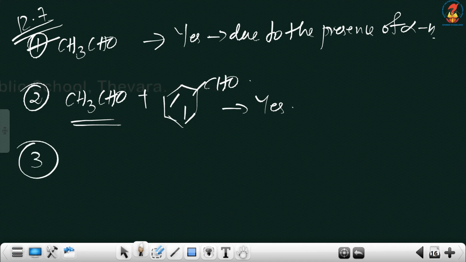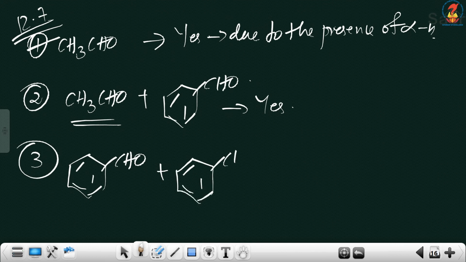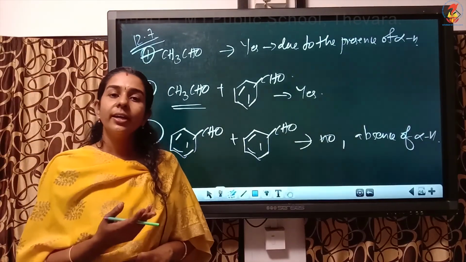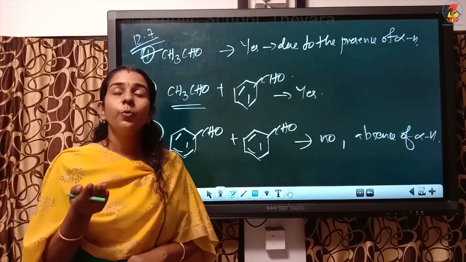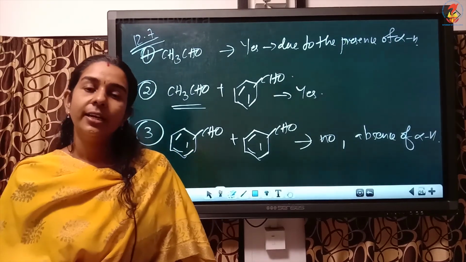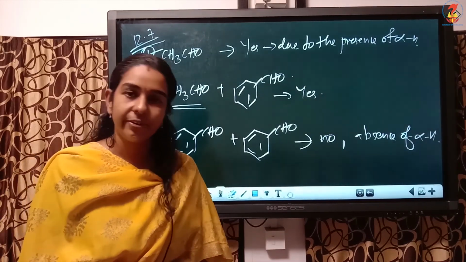Okay, third one is two molecules of benzaldehyde. Can they undergo aldol? No. The reason is due to absence of alpha hydrogen. So there will be give reason questions: why is benzaldehyde not undergoing aldol condensation reaction? The reason is the absence of alpha hydrogen.